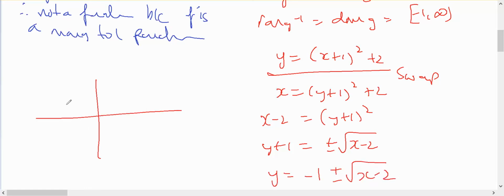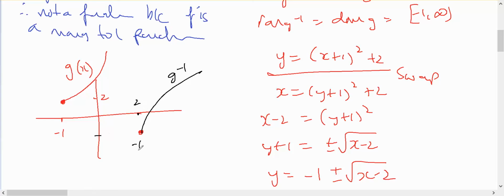Now, I know that my original starts at -1, 2 and looks like that. That's g of x. Therefore, at 2, -1, I'm going to have the inverse, starting at 2, -1 and going up.